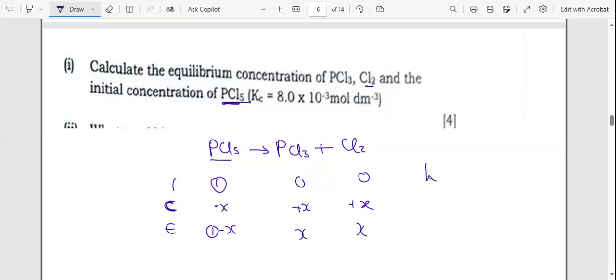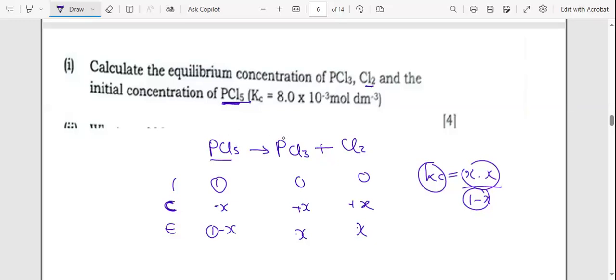Meaning the Kc would have been x times x on top, over 1 minus x. Then we would have used the K value to find the value of x. This would have been squared, and we would have found the equilibrium concentrations of the two.